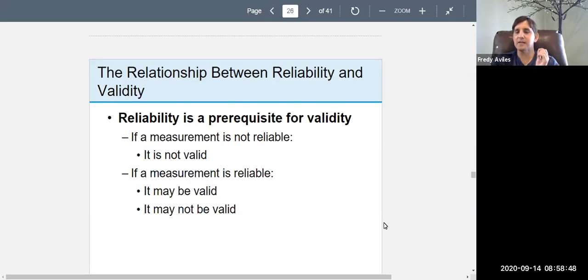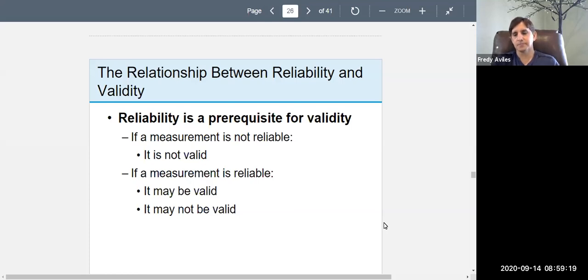So if you want to show that something is really measuring what it is supposed to measure, at the very least, it has to be reliable for you to even have a chance to show that it's valid. And then if it is reliable, you might show that it's valid, or it might still turn out that it's not valid. Let me give you an example with a psychology test, a test that's supposed to measure your knowledge of psychology.